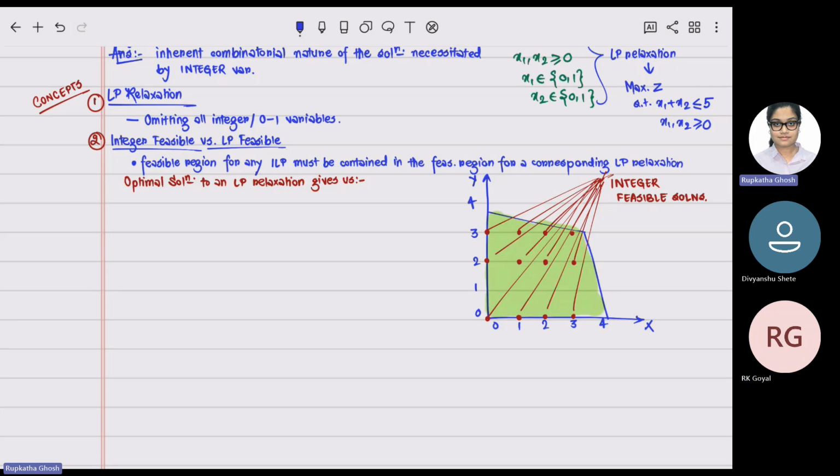So the optimal solution gives us a bound. Firstly, it gives us a bound to the objective function value.